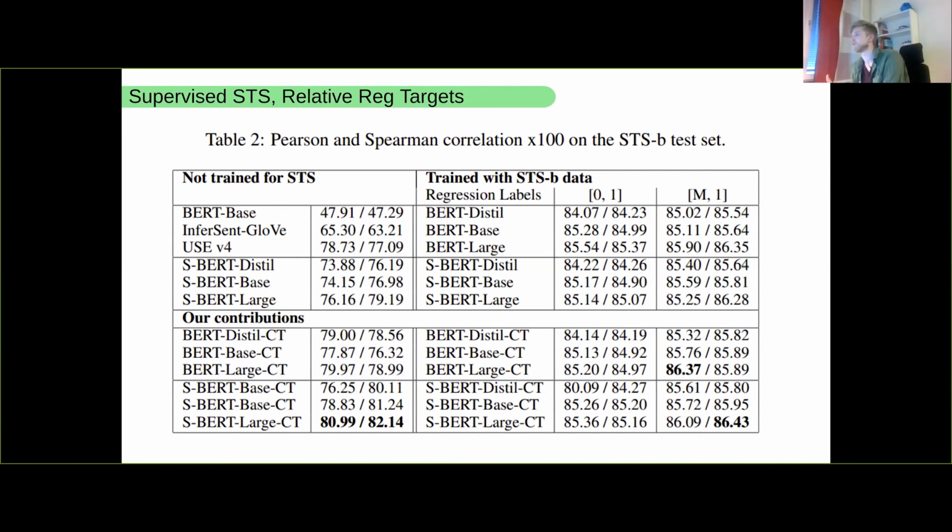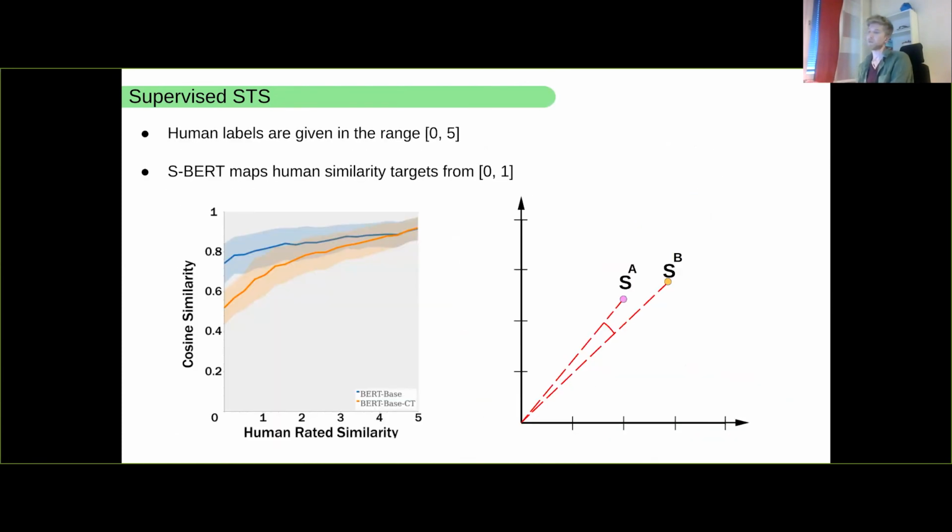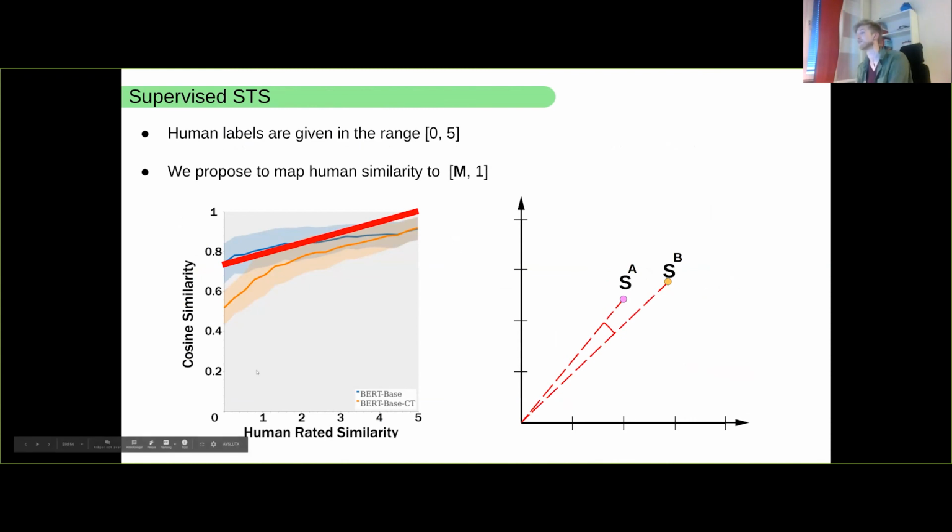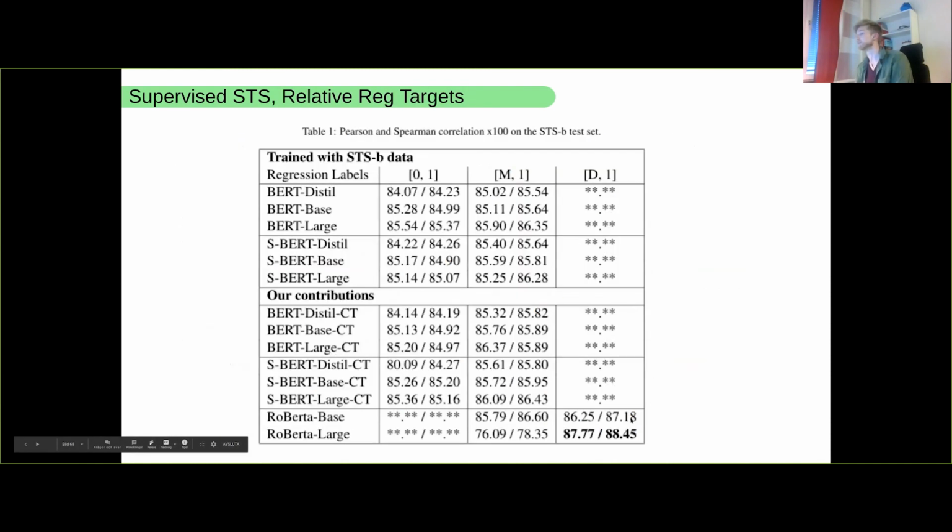I suppose the final thing you should mention is that if you do this on other models that are not BERT, maybe RoBERTa and XLNet, and instead of only looking at the bottom here, you do a hyperparameter search between 1 and 0 for the labels, then you can beat the previous state of the art by a large fraction. This is not yet published.